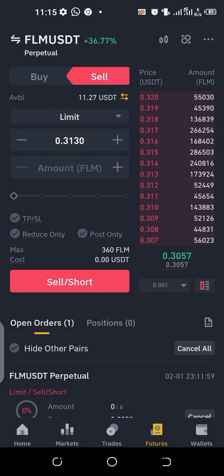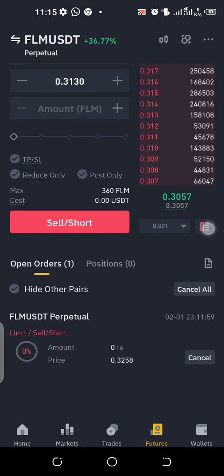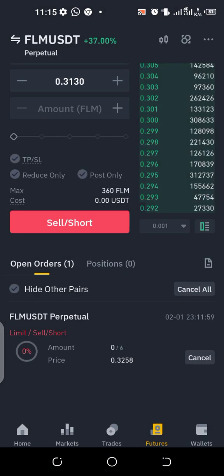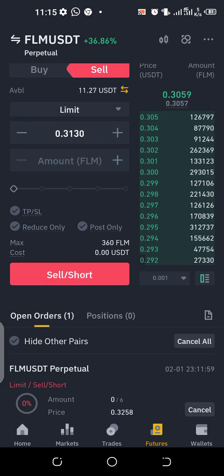And then to buy too, if I think it's going to fall and then I want to buy at a lower price, I can place my buy order not at 295 itself, because the support is at 295, although there seems to be a stronger support now at 300, so I might use that, or I might still use 295, because 295 seems to be more consistent with 312,000 FLM.